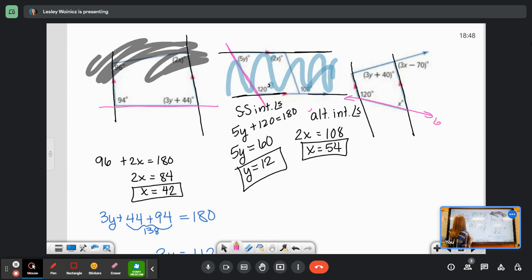If I look at x and 120, I see that they are on the same side of my transversal and they are interior to my parallel lines. So they are same side interiors. They have to add up to 180. They're supplementary. So x plus 120 equals 180. Subtract 120 from both sides, and we get x equals 60.